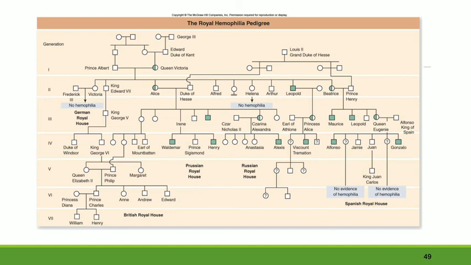It was all because of the hemophilia that Tsar Nicholas's son Alexis had. They only had one son. They were very focused on him becoming the heir for the next generation.